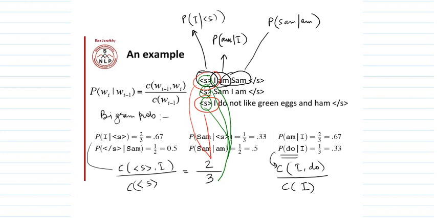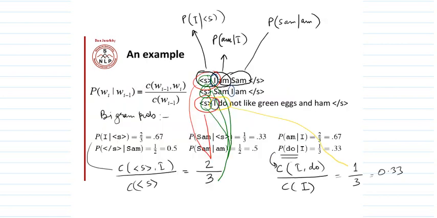In the corpus, I do is present only once, and the count of I is 1 2 and 3. So this is 1 divided by 3, that is 0.33. This is the way we can calculate the bigram probability.